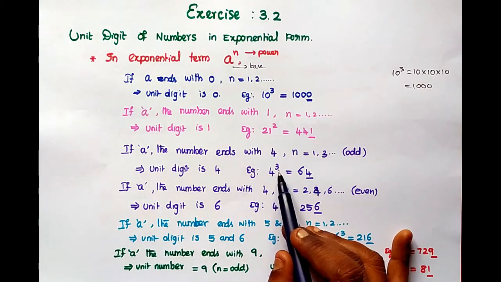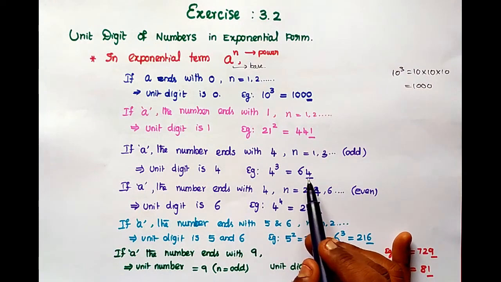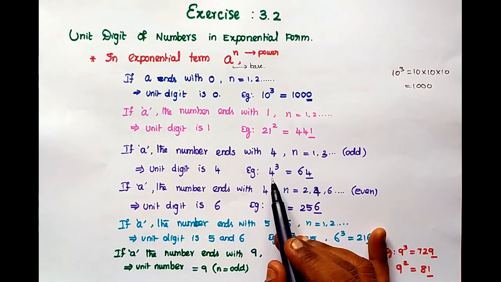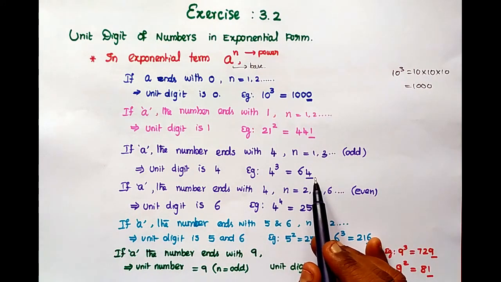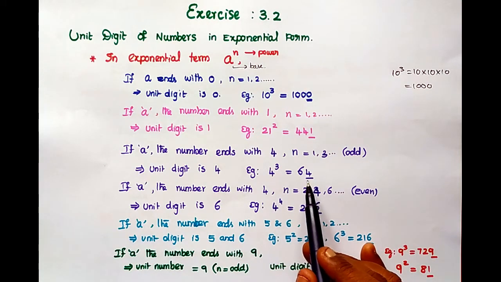That is an odd number, no? We get the result 64. That unit digit is 4. 4 power 1 is also 4. Next, 4 power 3 is 64, unit digit also 4.